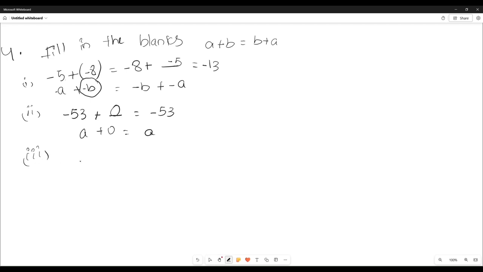Let's do the third sum. The third question is 17 plus blank equals to 0. What they have given? 0 is the answer. When we get the 0, they have given the positive value. So, when they give the positive value, the negative value of the same number is added to the positive value, then only we get the 0.